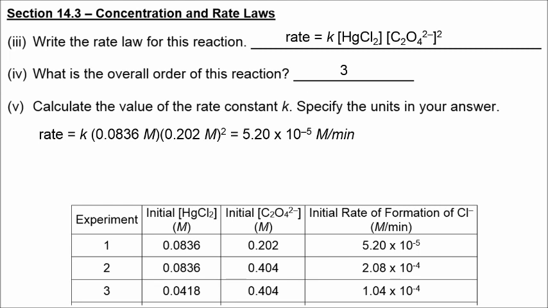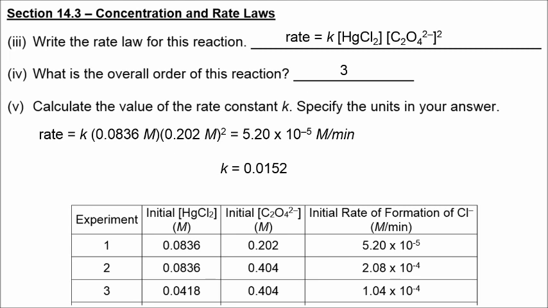So if we choose experiment number 1, we have 5.2 times 10 to the negative 5th molarity per minute is equal to a rate constant K times 0.0836 to the first power and 0.202 squared. When we solve for K, we get a value of 0.0152. Now what about the units?